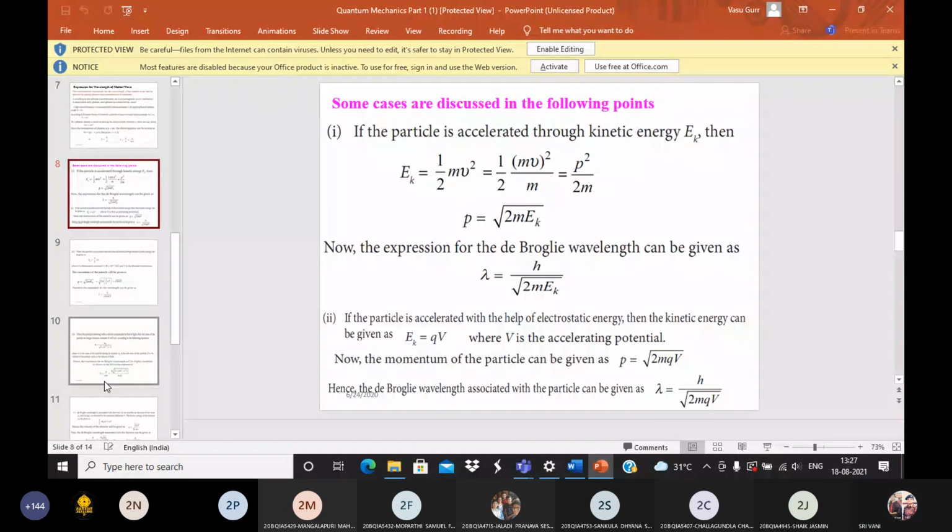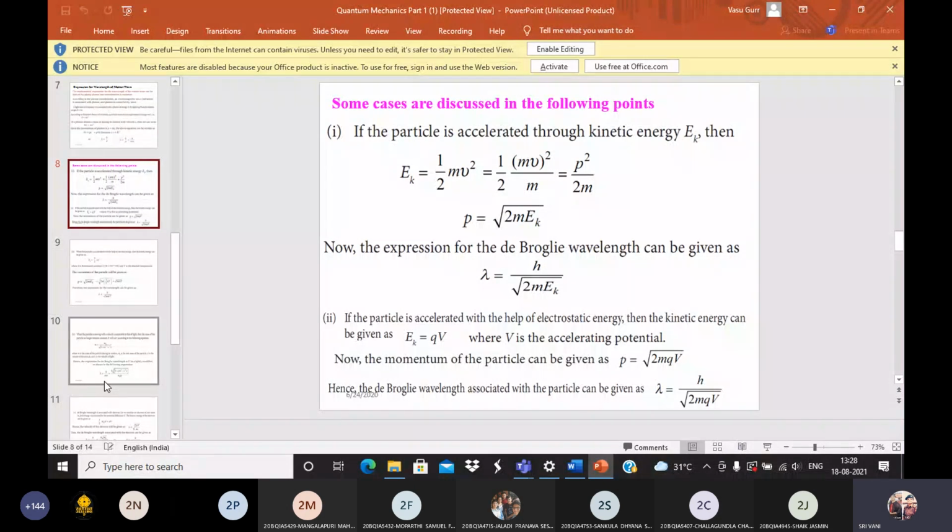Calculate the wavelength if the kinetic energy of the particle is 1.6 into 10 power minus 19 joules.